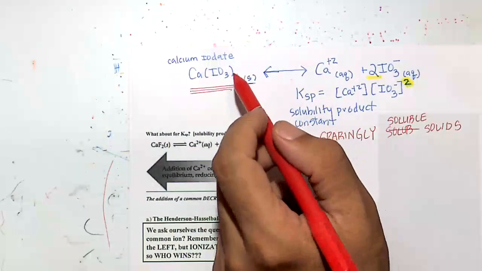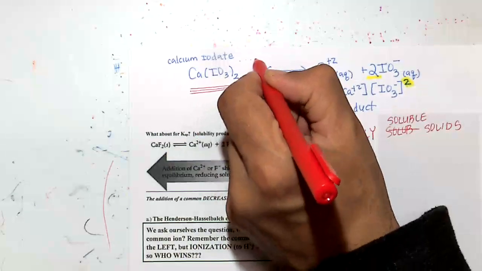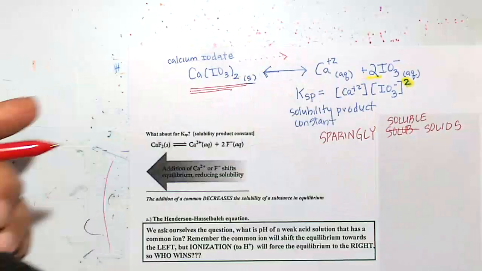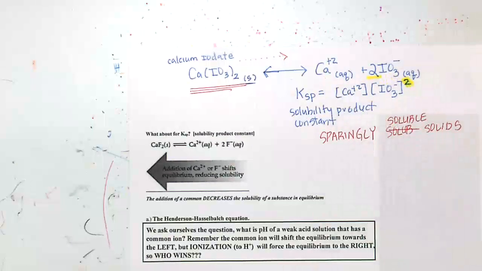Okay, sparingly soluble solids. So some of that calcium iodate, if you remember in the lab, will actually go this way and give you calcium ion and iodate ion. This is what we were trying to measure when you took that precipitate and put it in 80 mL water and 40 mL water, and you did the titrations.